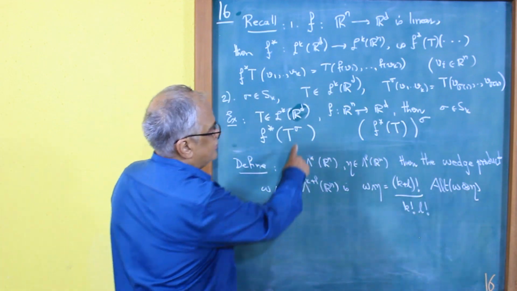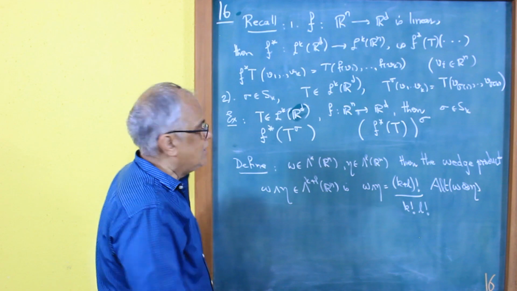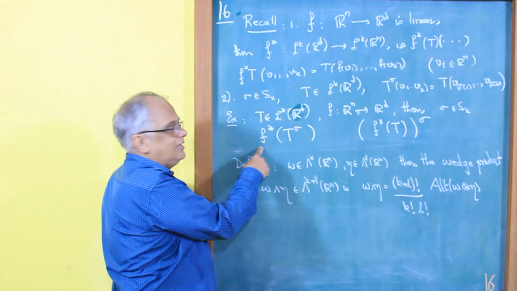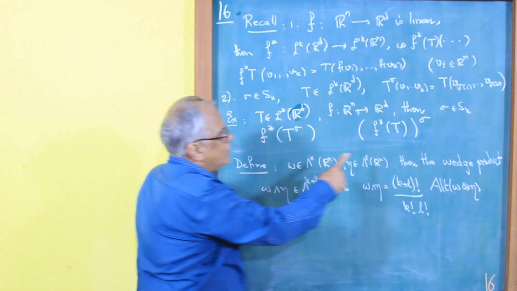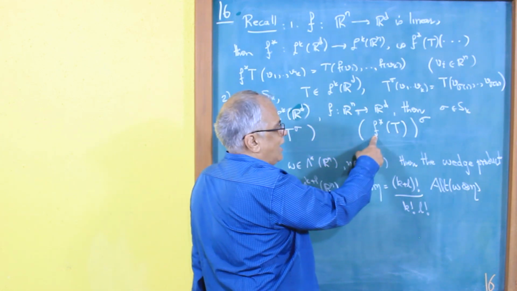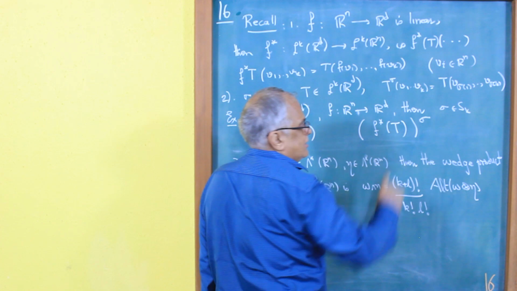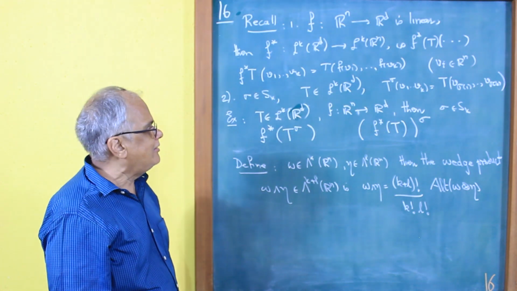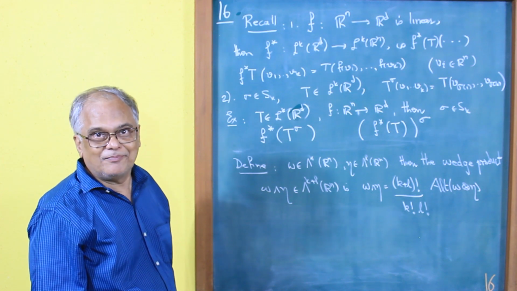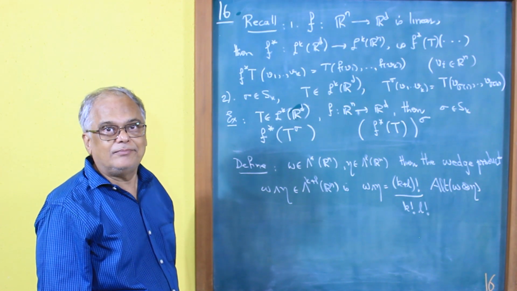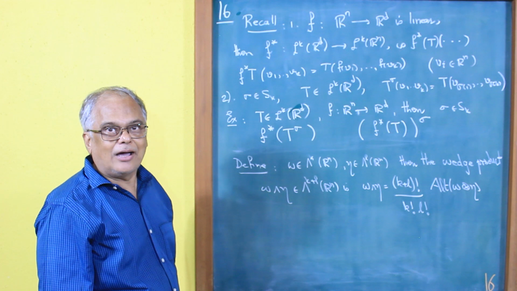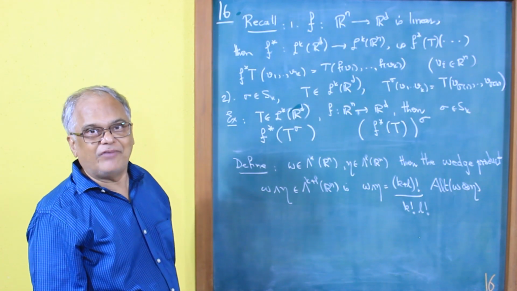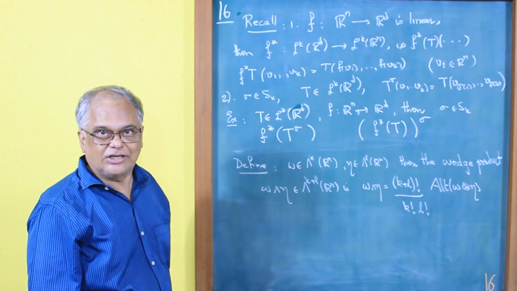I hope you understand the difference between this and this. Here I'm taking T, apply sigma first, and then take F star. Here I'm taking T, apply F star, and then take upper sigma. Both these things make sense. And if what I'm doing is correct, I must be able to say that the upper star and the upper sigma behave well with respect to each other.